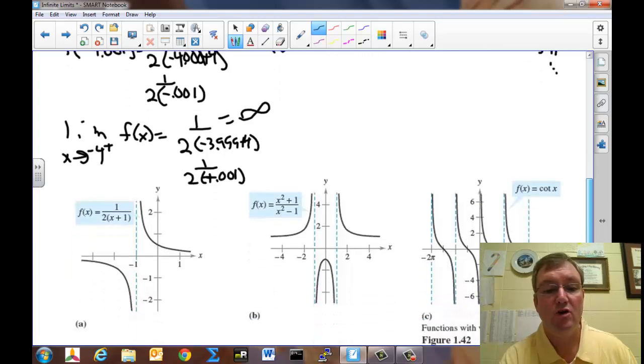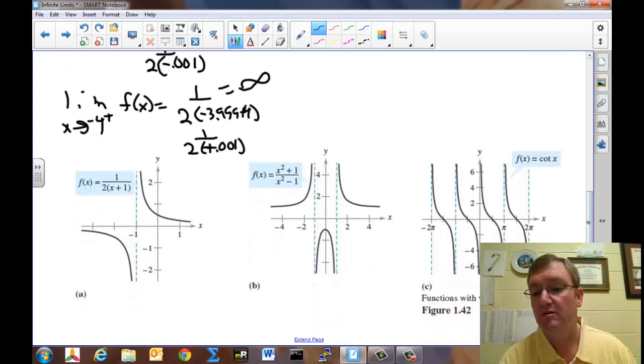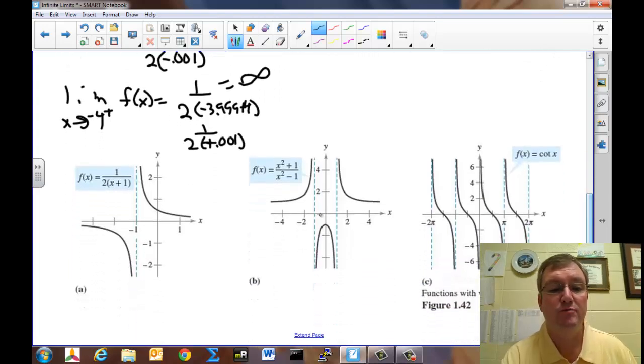Well, what if we're given a graph to begin with? What can we conclude from this graph? What can you tell me is happening at x equals negative 1 here? Notice we've got a vertical asymptote, so we know we've got limits that are approaching infinity. If we look at it from this side, this limit would be infinity, and this limit would be negative infinity, because this function is going up and this function is going down.